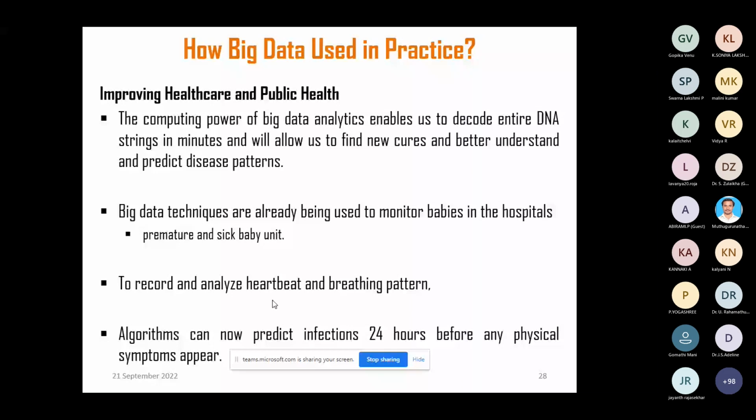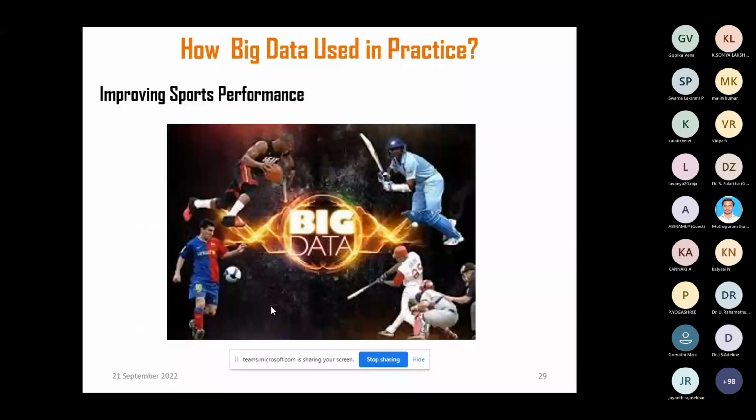Another interesting area is sports. Everyone might have noticed a lot of changes during sports events. A number of sensor technologies are being incorporated to understand the performance of a particular player.